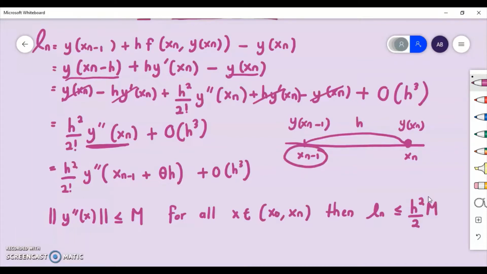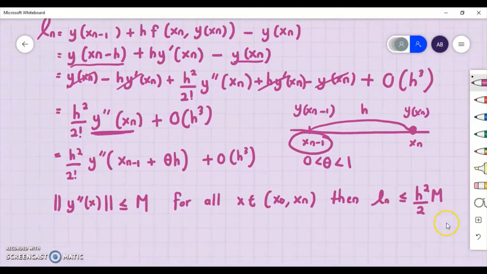So the method will be convergent for the Euler method as long as the local truncation error is satisfied in this term. Where theta here is from 0 to 1. Obviously for this case we are looking at 1, right? So this is how to check the convergence.